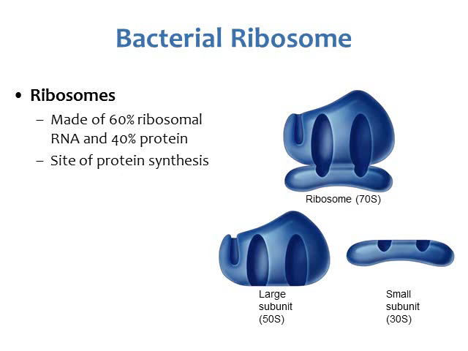Another important structure in your bacteria cell or in your prokaryotic cell is the ribosome. Ribosomes are made up of 60% ribosomal RNA or rRNA and 40% protein. Ribosomes have two subunits, a large subunit and a small subunit. These two subunits come together during protein synthesis.